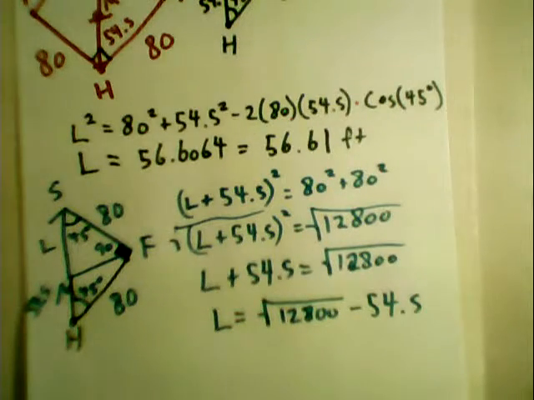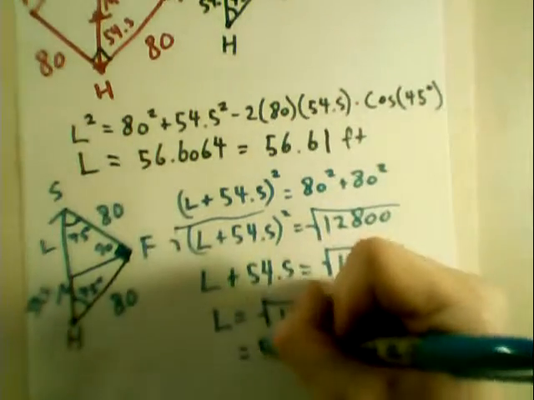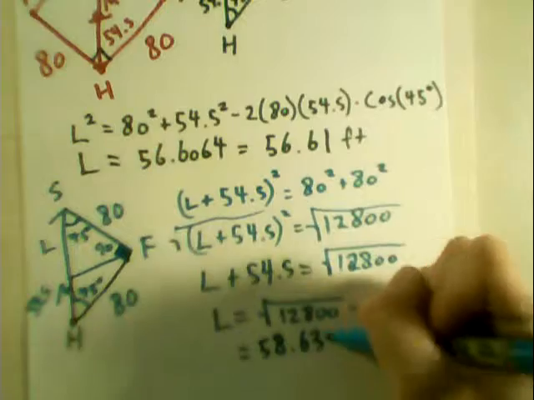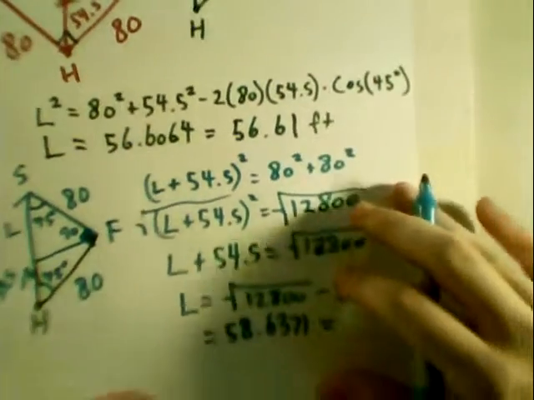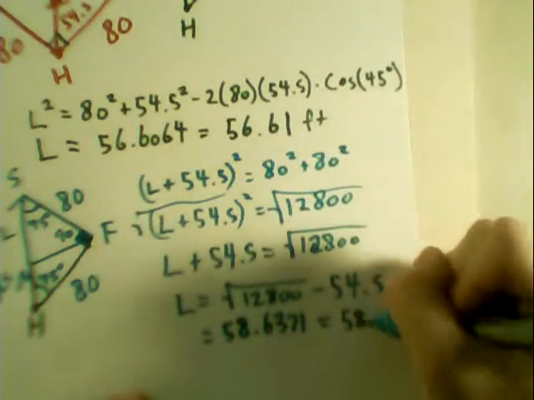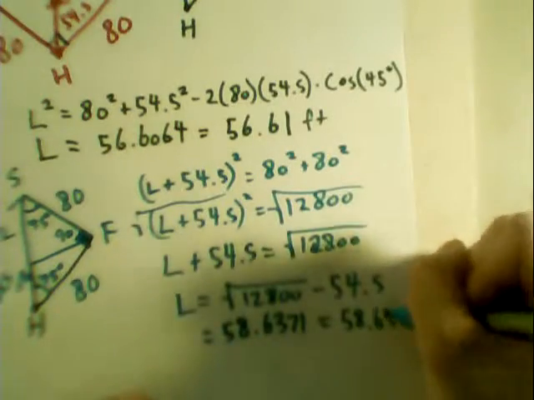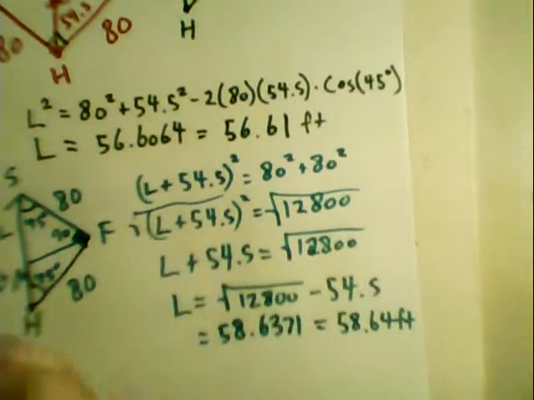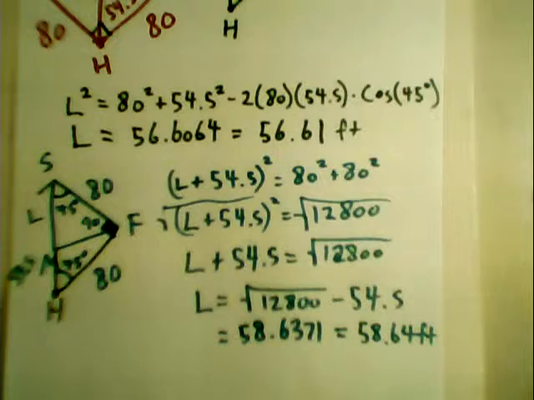And I get that it is 58.6371. It wanted 2 decimal places, so 58.64 feet. And that's how to solve for the distance from the pitching rubber to second base.